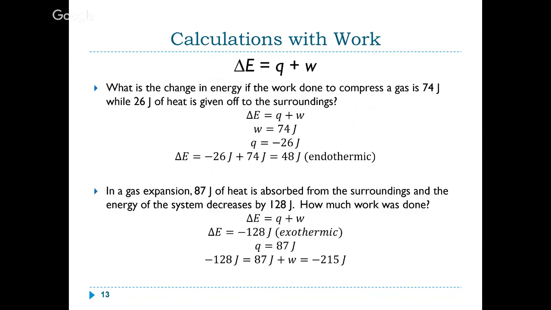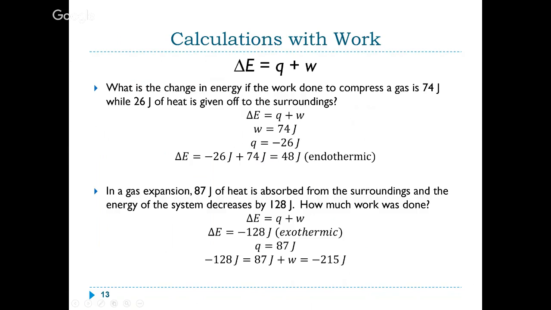So here we have a gas expansion. 87 joules of heat is absorbed, and the energy of the system decreases by 128 joules. So how much work was done? Well, once again, we're reading the language. 87 joules is absorbed. That means positive heat. The energy decreases by 128 joules, which means that this is negative.